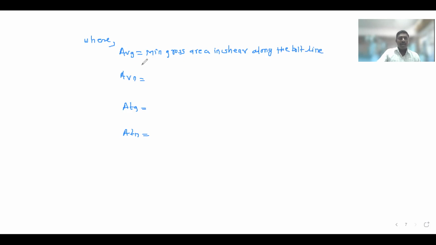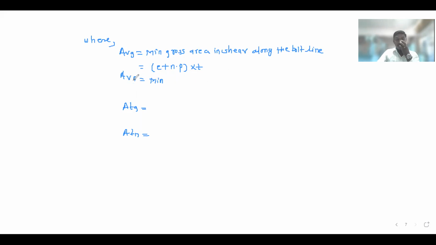Similarly, how to calculate this? I will write it down here: (E plus N into P) into T. Again, AVG: A is the area, V is the shear, G is the gross. So minimum gross area in shear.